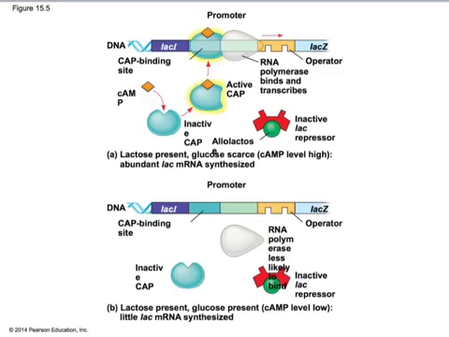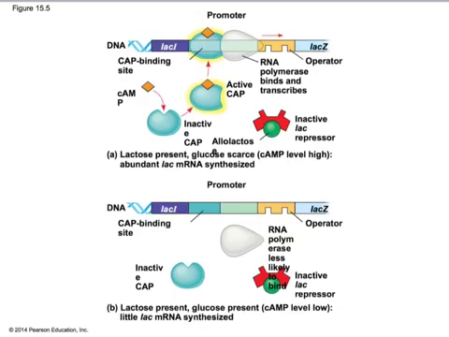So here's the graphic showing the two of this. Promoter region, your CAP binding site, and your lac operon. Lactose present, glucose scarce. Cyclic AMP goes up, you end up associating. CAP is activated, binds to the promoter, and stabilizes the RNA polymerase association, and mRNA is synthesized at a high level.